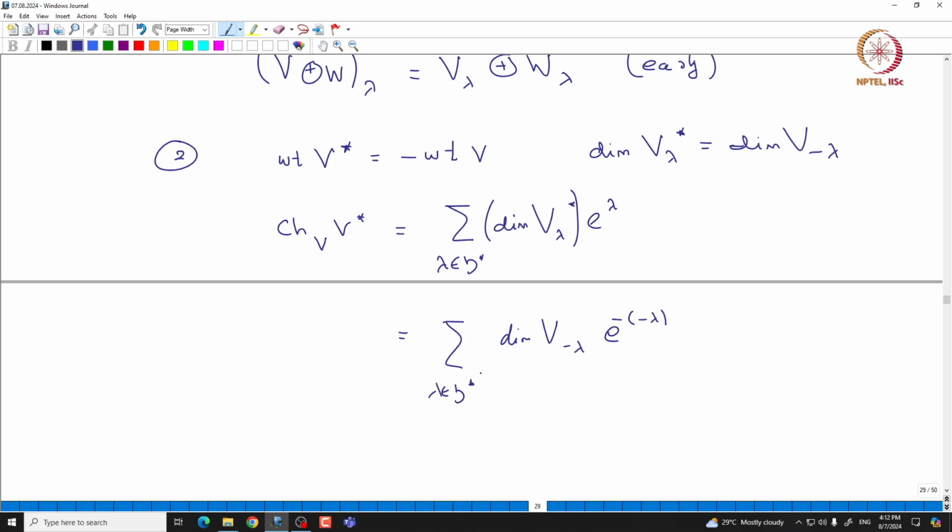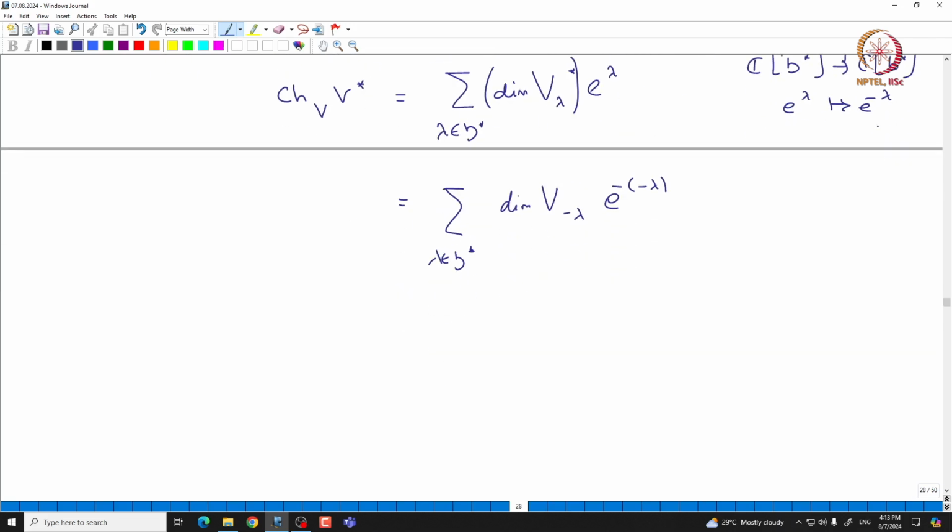Basically, if you take the transformation from C H star to C H star which comes from the linear map lambda goes to minus lambda, that can be extended to e power lambda goes to e power minus lambda. If you use this map, let us call it F, then you can easily see that the character of V star is F of the character of V.